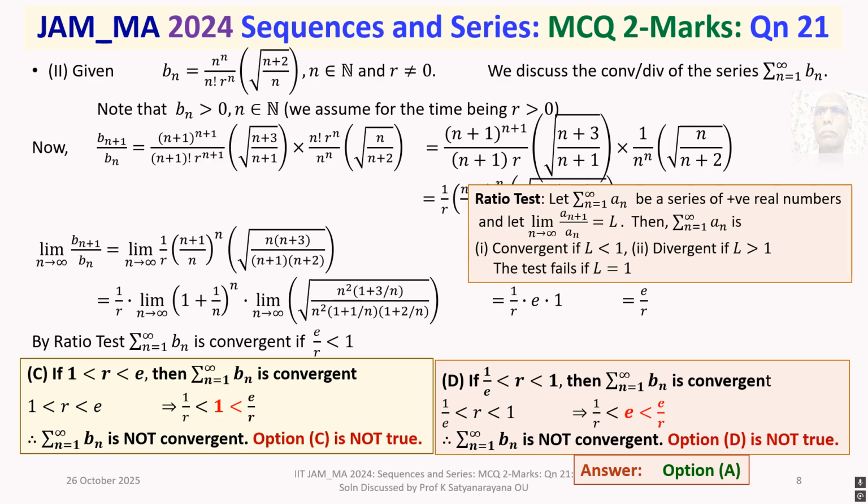So this story tells you, for all the BSc students, that you require a thorough knowledge of the tests of convergence. Like direct comparison test, limit comparison test, p-series test, and nth root test, ratio test, and so on and so forth.